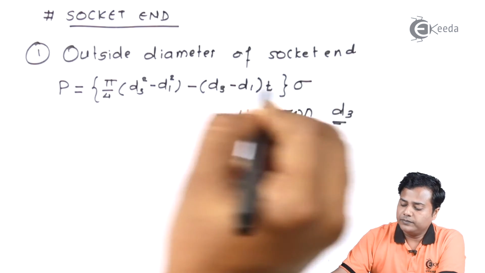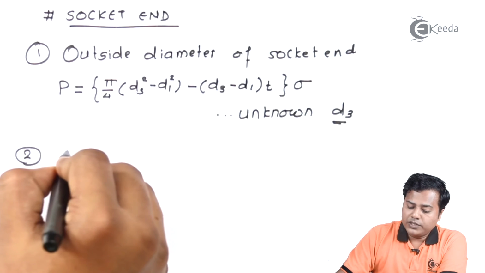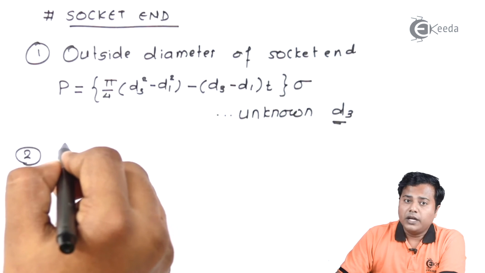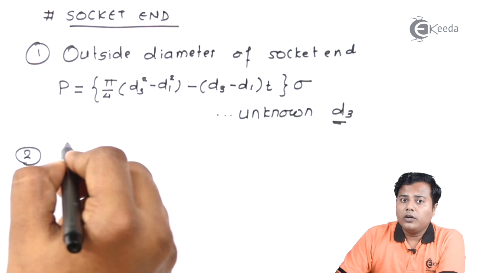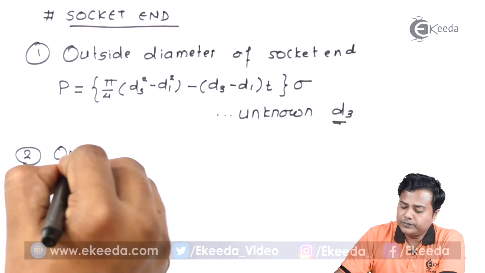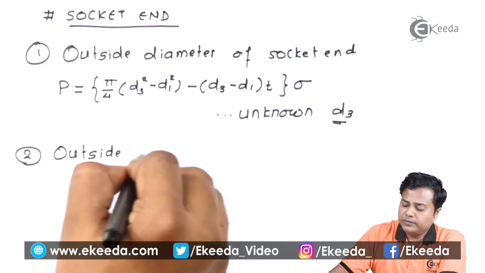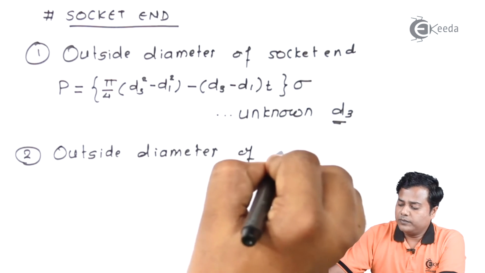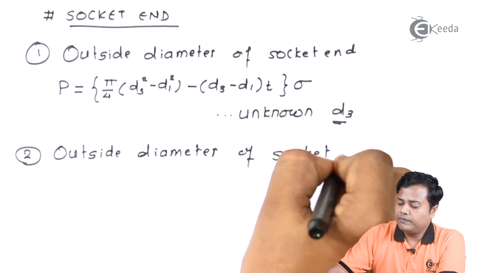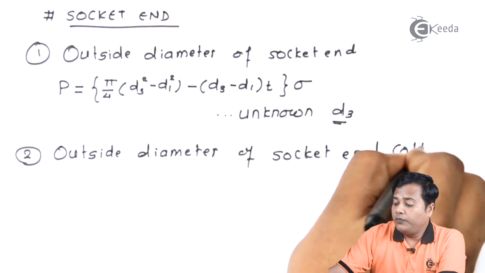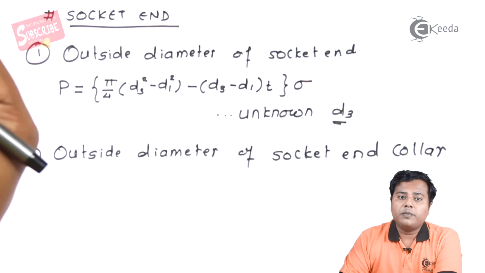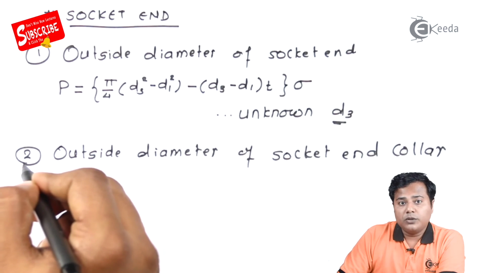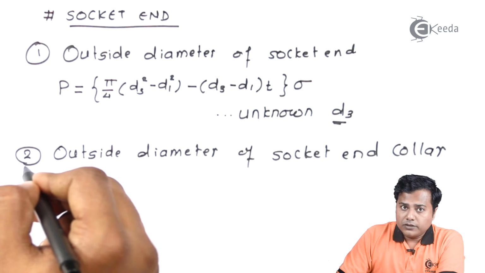Our next formula is for outside diameter of the collar of the socket end. Now we know that collar is the extreme part of this particular component, and hence it also is considered to be failing under shear.